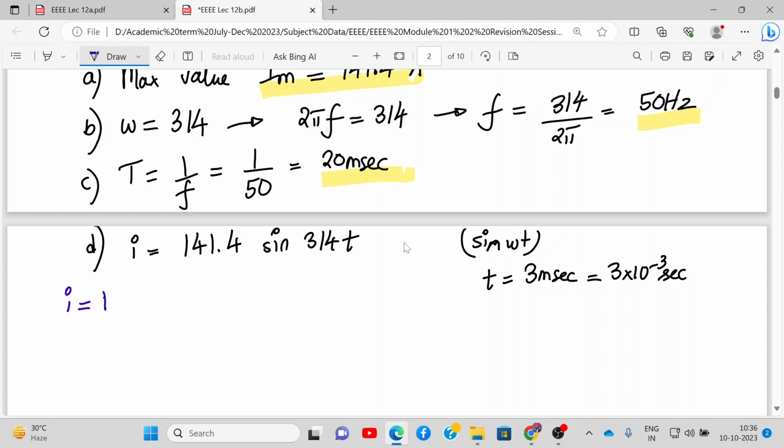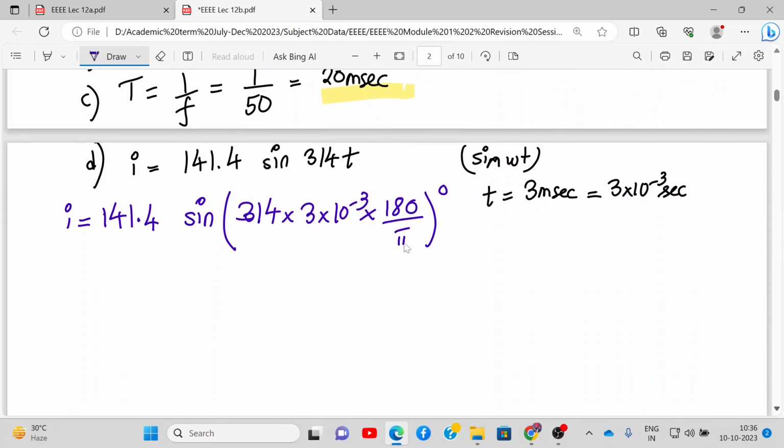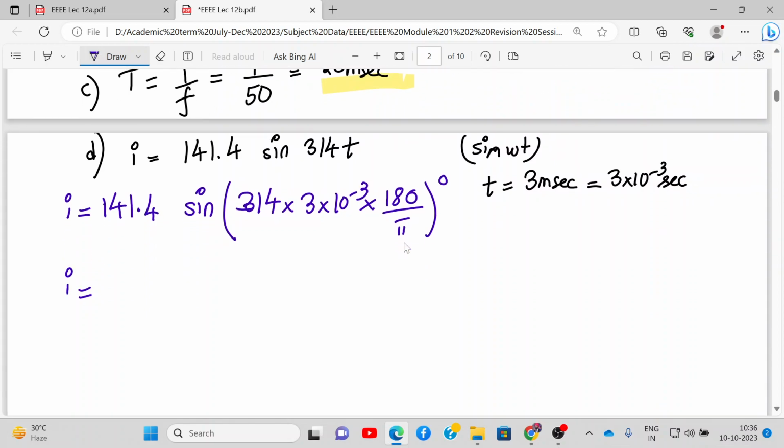So I is equal to 141.4 sine of 314, which is in radians, multiplied by 3 milliseconds. Now I want to convert it into degrees, so I'll multiply it by 180 by pi. And that becomes degrees, because it's easier to calculate this way. So I will be 141.4 sine of, if you calculate this, 53.97 degrees.